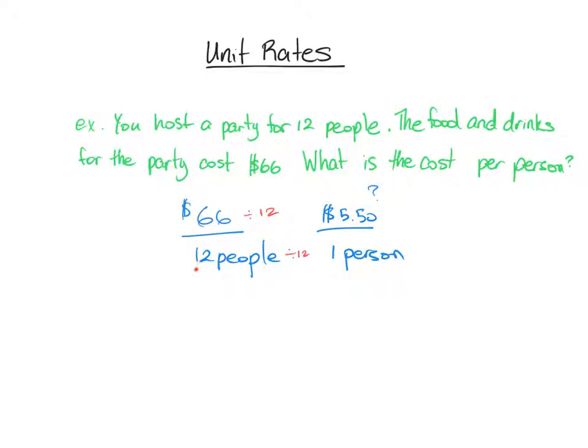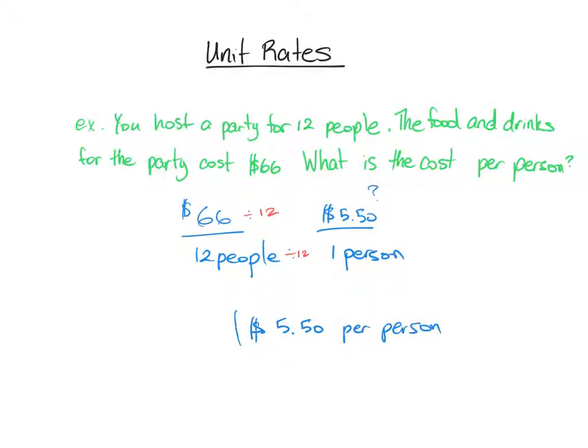But of course, you have to divide both the denominator and the numerator. And that's how you find the unit rate. So in this particular question, we actually have the answer now. We see that the cost per person, or the cost for one person, is $5.50.